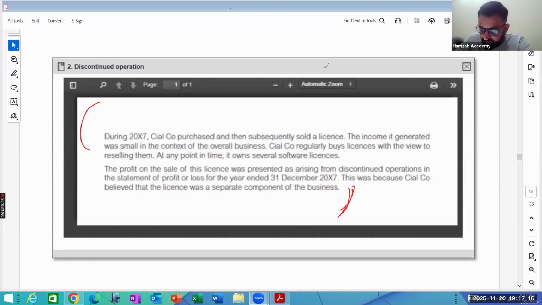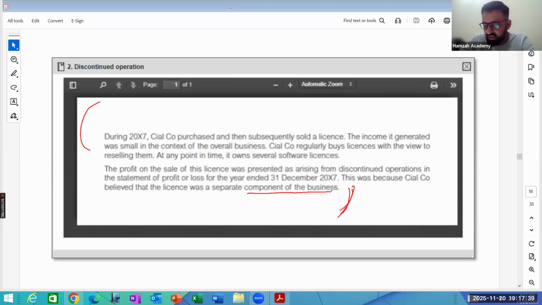It owns several software licenses. The profit on sale of this license was presented as arising from the discontinued operation in the profit and loss for the year ended 31st December X7. This was because C company believed the license was a separate component of the entity.